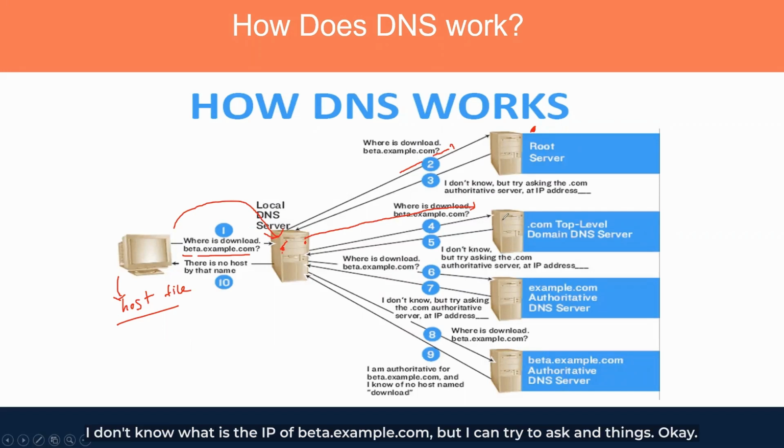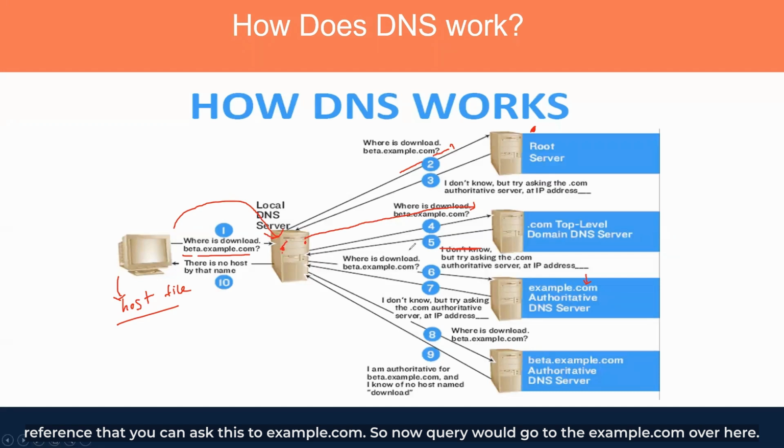It would say, I don't know what is the IP of beta.example.com, but I can try to ask example.com. So it would give the reference that you can ask this to example.com.